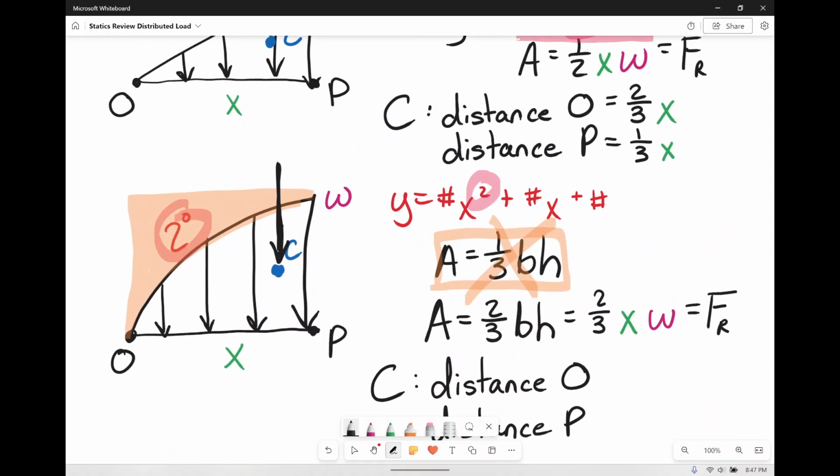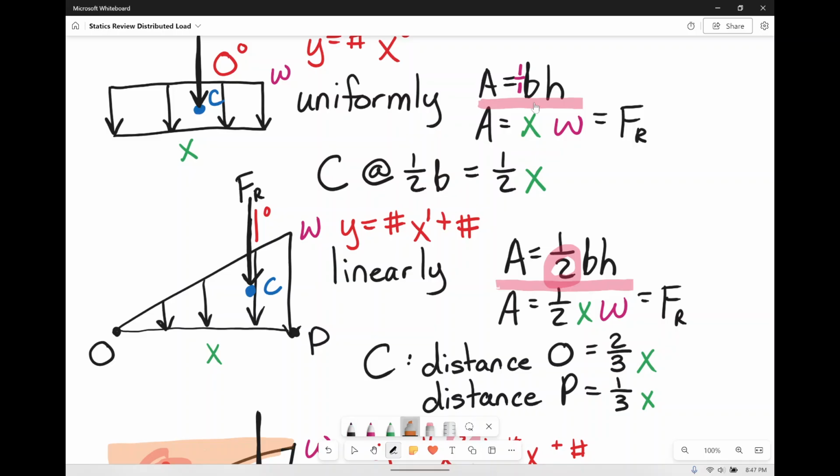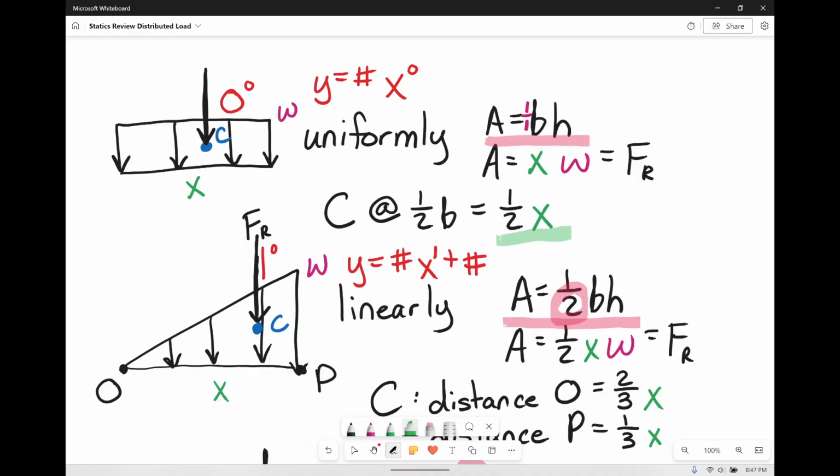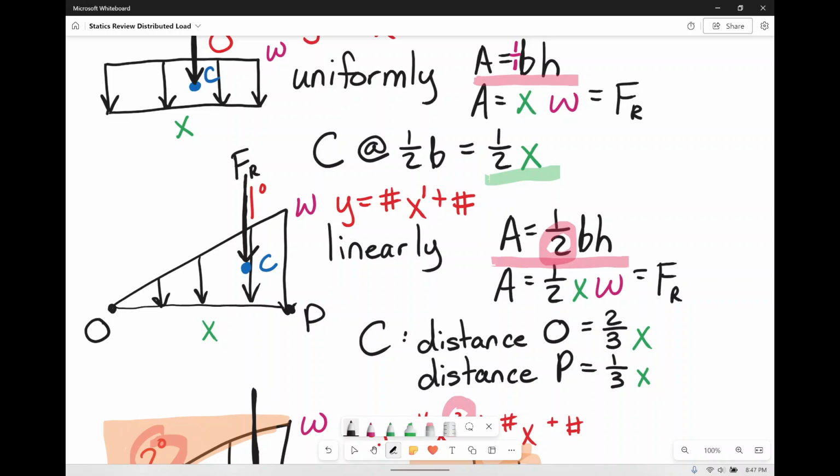Is there a trend that we can catch on to from before? Well, let's go look. For our rectangle, our 0 degree, it's 1/2 of x, and you just call O still there, P over here. It doesn't actually matter because it's equal.